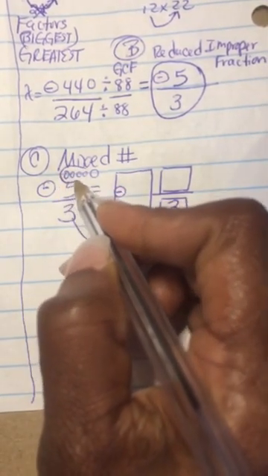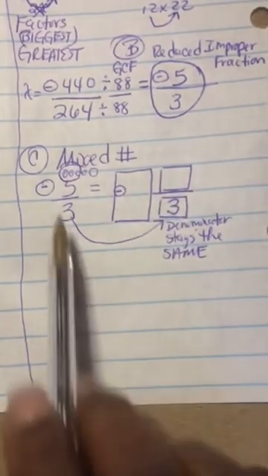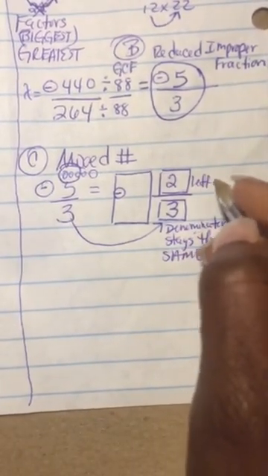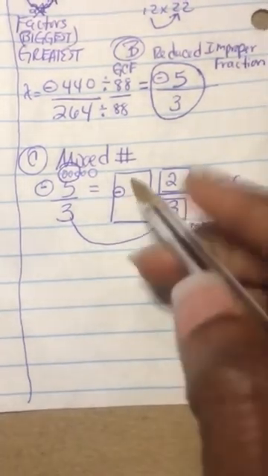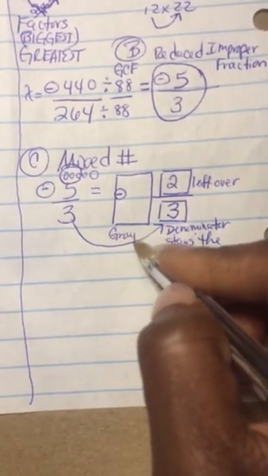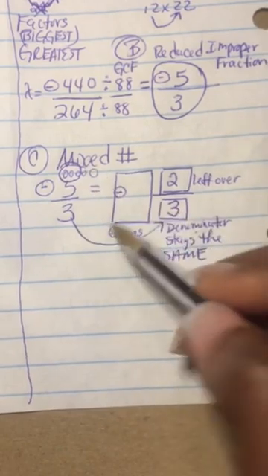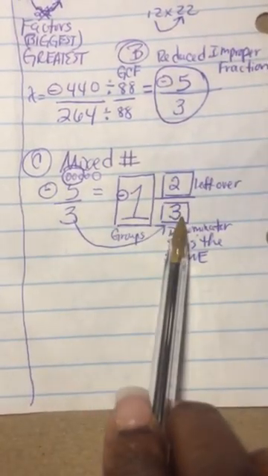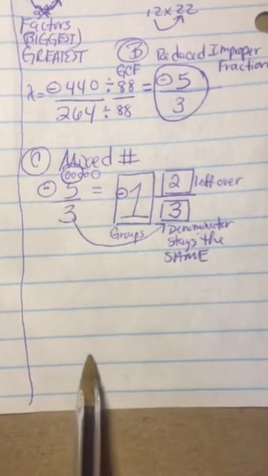I can circle 1 group of 3, and I will have 2 left over. So the front number is how many groups was I able to circle, which was 1. So negative 1 2/3 is the mixed number to negative 5 over 3.